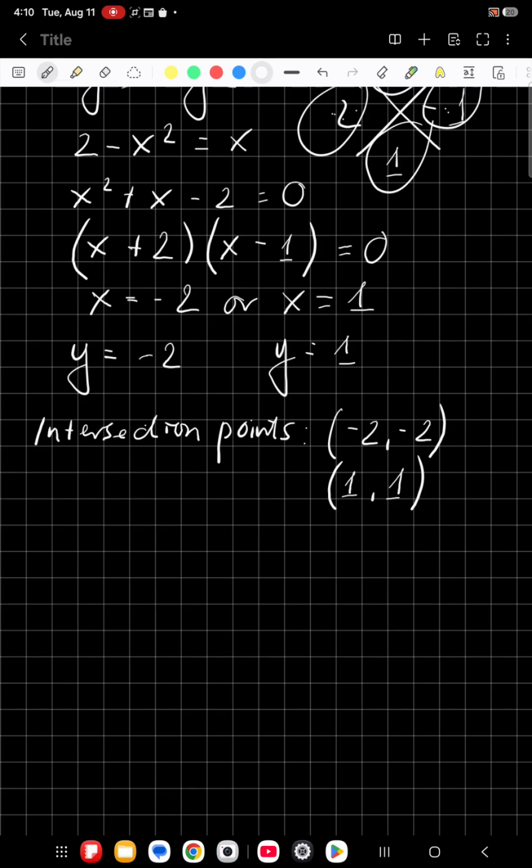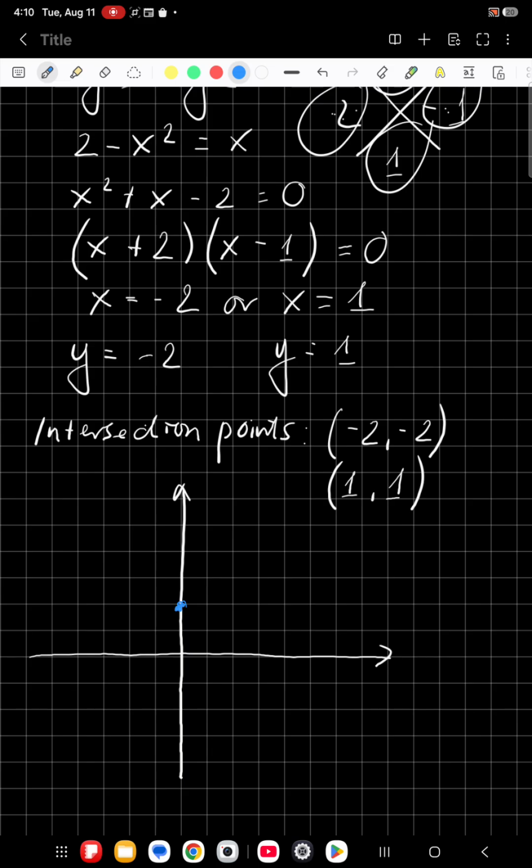I have a graph here, so I'm just going to show it to you. I'm not going to try to be particularly exact, but the first is a parabola, 2 minus x squared, a parabola that crosses the y-axis at 2.